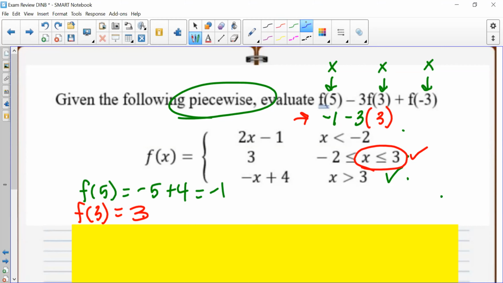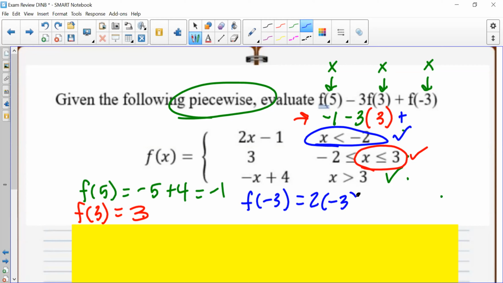All right, last one, plus f of -3. So we need to figure out how much f of -3 is. -3 is less or smaller than -2, so it falls in the first one. So I would plug -3 in for X. If I do 2 times -3 minus 1, I get -7.